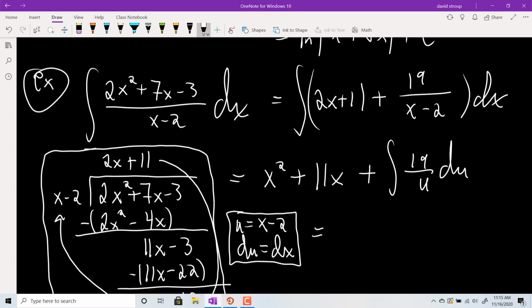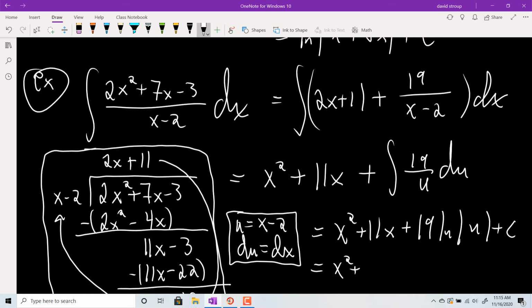So you don't really need a substitution. If you feel confident enough, by all means, you don't have to do it. Anyways, plus 19 ln absolute value of u plus c. And then back sub: x squared plus 11x plus 19 ln the absolute value of x minus 2 plus c.